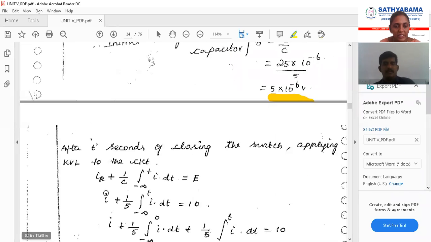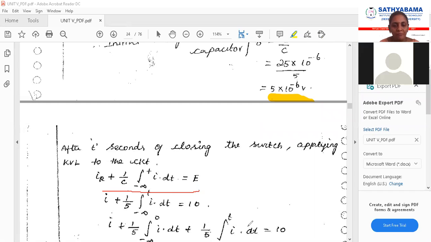Now see here, IR plus 1 by C integral from minus infinity to t of I dt is equal to E. E is the voltage which is connected there. This interval minus infinity to t is going to be split. We will write it as minus infinity to 0 and 0 to t, because for one portion we have the value 5 into 10 power minus 6. The other one we do not have. We are going to derive that value.